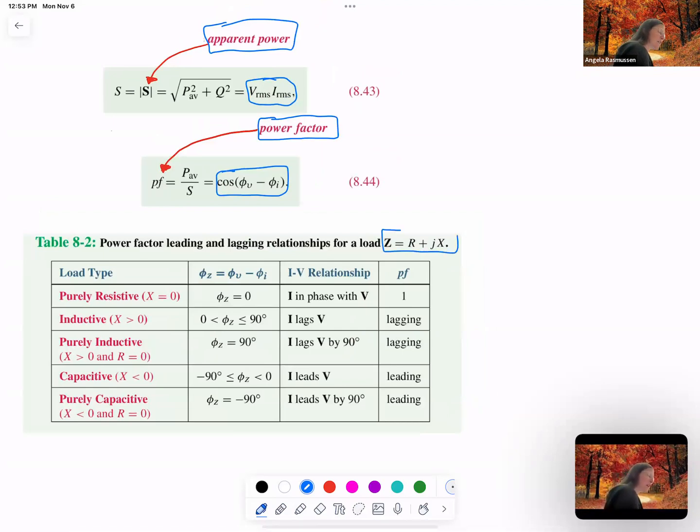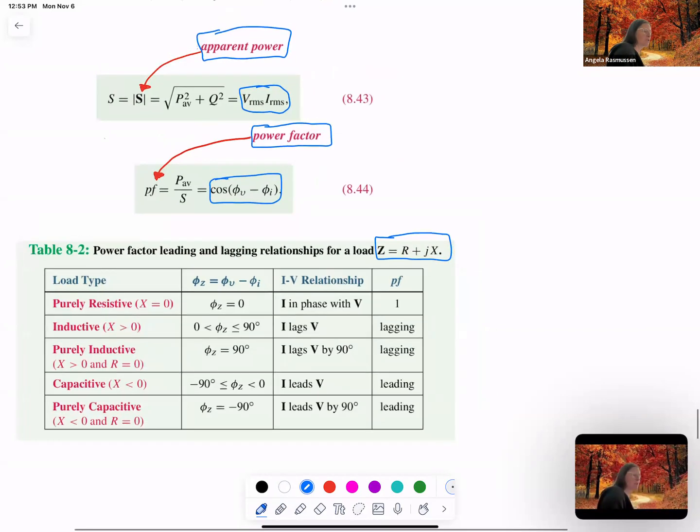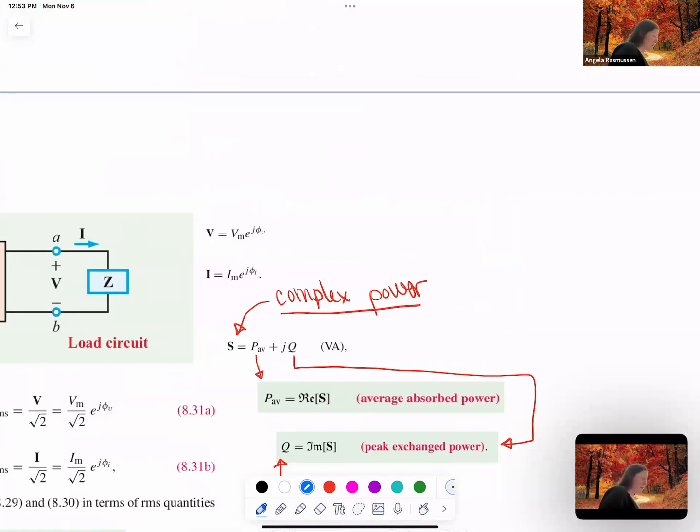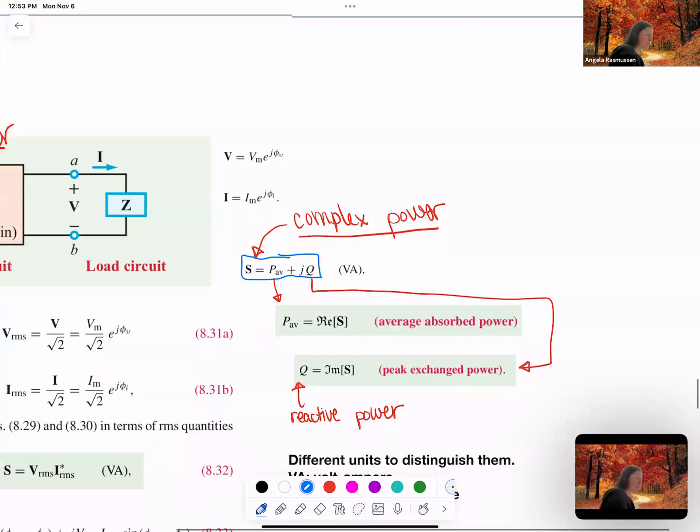So here, our load is going to be both resistance and some inductor and capacitance combinations, which is going to be the imaginary part of it. All right, so complex power is the average power plus this jQ.